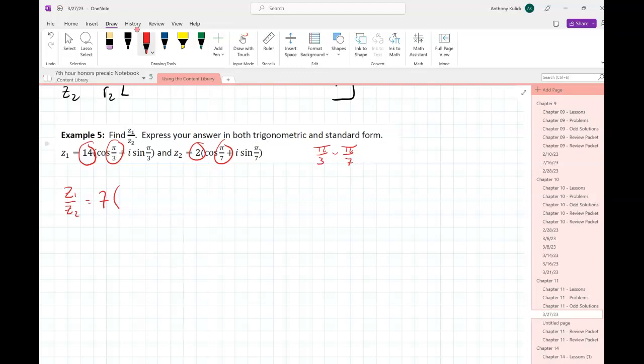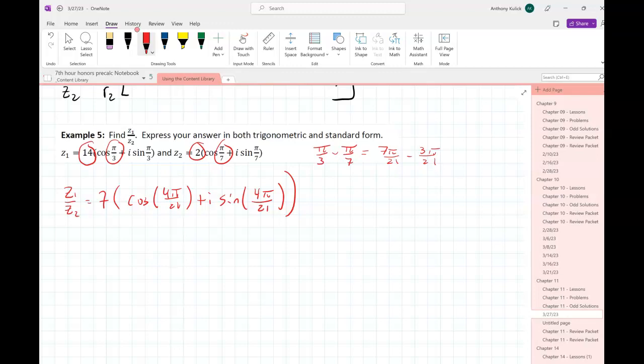What would that common denominator be? So that would be 7 pi over 21 minus 3 pi over 21. So just 4 pi over 21. Done.